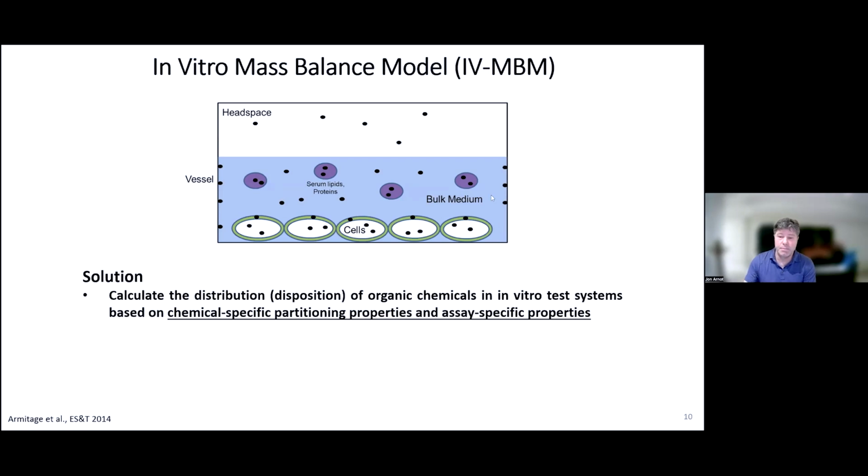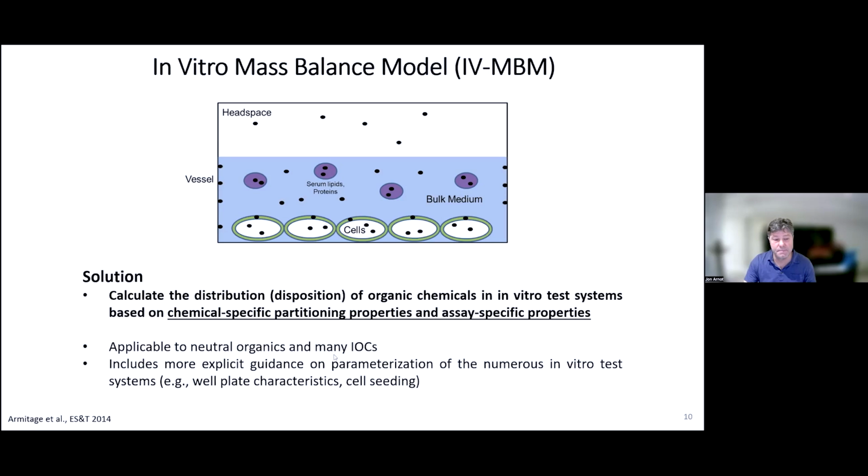So for example, how much serum albumin may or may not be in the system. This model is applicable to neutral organics and many ionizable organic chemicals. I refer to that as IOCs here. And it can include more explicit guidance on parameterization of numerous in vitro test systems. So for example, if you have various well plate characteristics or cell seeding, you can reparameterize the model.